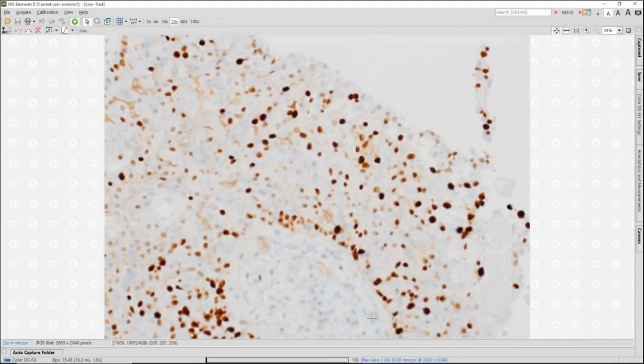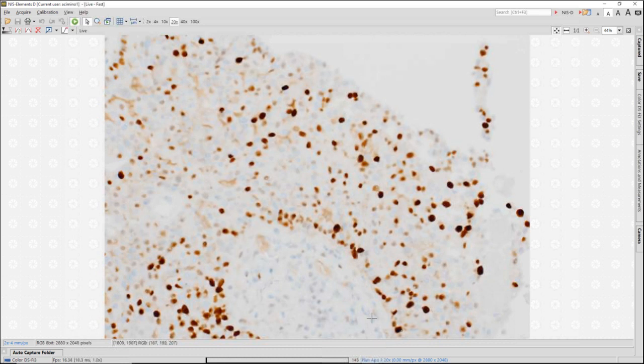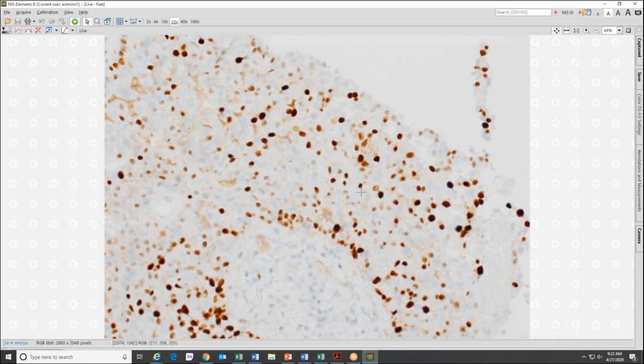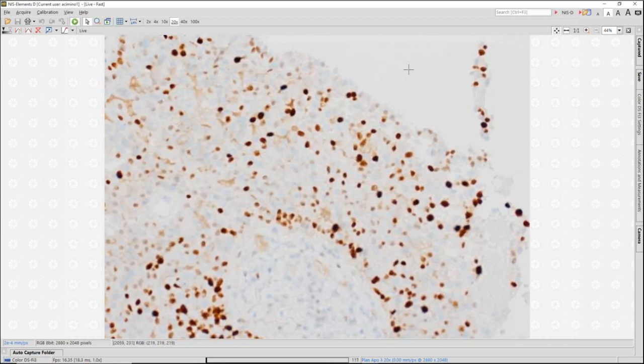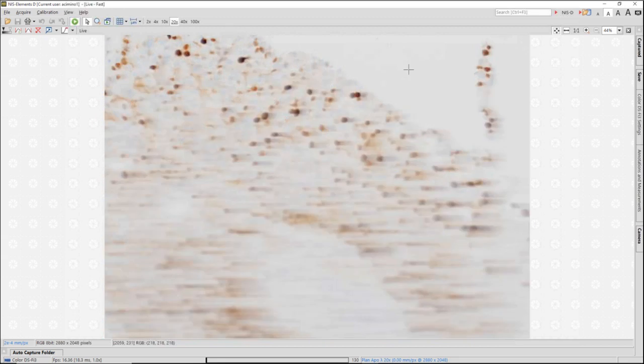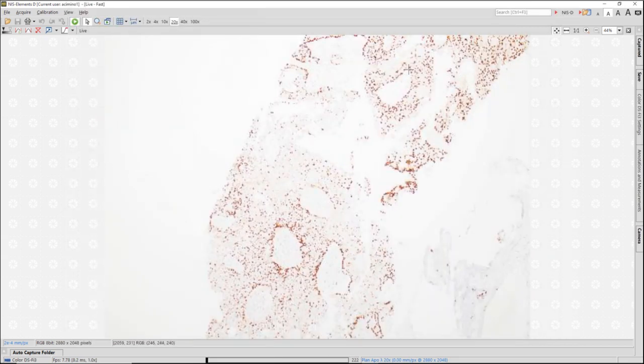So some of the cells will label. This is an ER immunostain. Some of the cells label for ER and some don't. So it's what we would call a patchy or mosaic pattern of labeling because it's not a clonal estrogen-driven proliferation. Whereas atypical hyperplasias of low nuclear grade are typically strong and diffusely positive for ER.